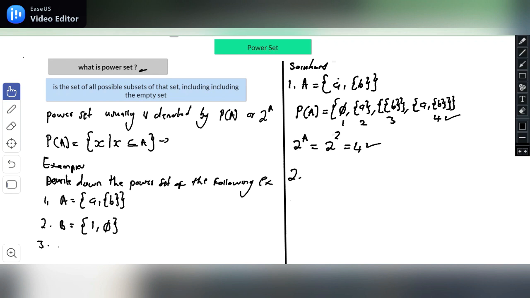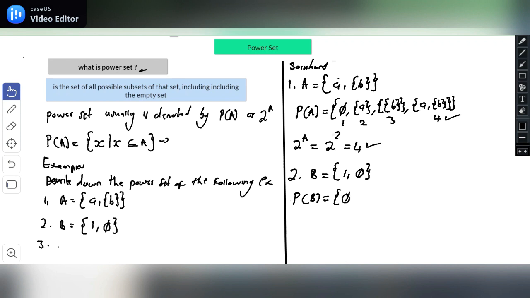The second one, B equals {1, {}}, the empty set. You still do the same thing. You don't have to change anything, just follow the same procedure. So B's power set: the first subset that you write is what?